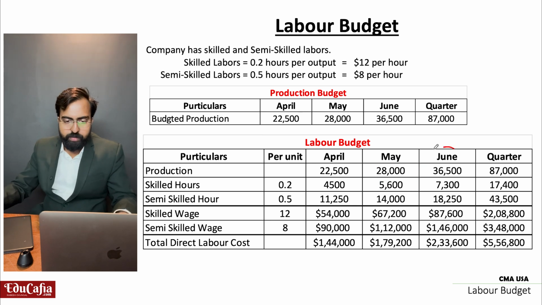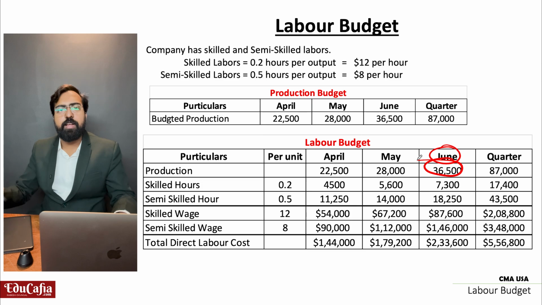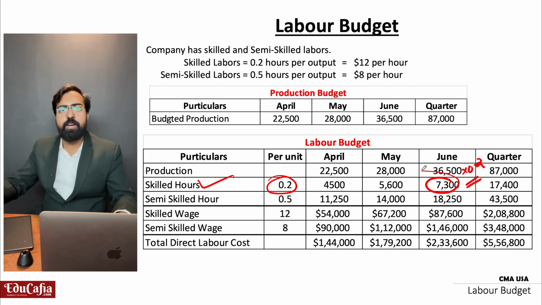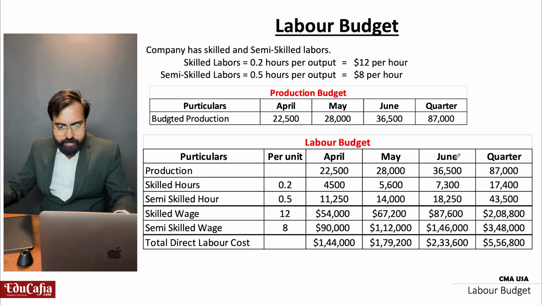Next, in June they want to produce 36,500. Skilled laborers 0.2 hours: 36,500 into 0.2 is equal to 7,300. Then 36,500 for semi-skilled laborers at 0.5 per product is equal to 18,250.